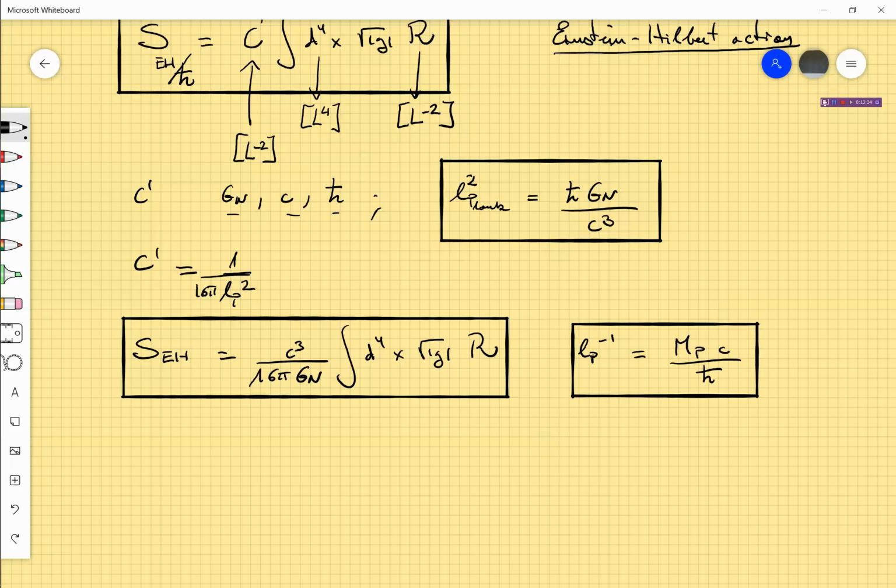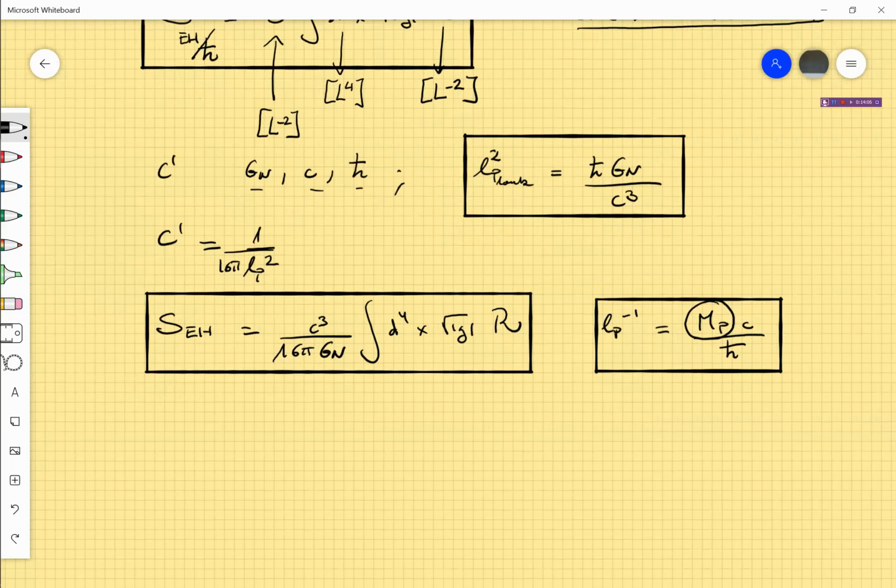And typically phenomenologists, people who study beyond the standard model physics, tend to use the Planck mass instead of the Planck length, which is favored by people who are more focused on geometry or the quantum gravity part. Because if you are doing beyond the standard model phenomenology, you want to compare the masses of your particles with the Planck mass. That is the natural thing to do, and not with the Planck length, although these two things are very closely related, as we just see.